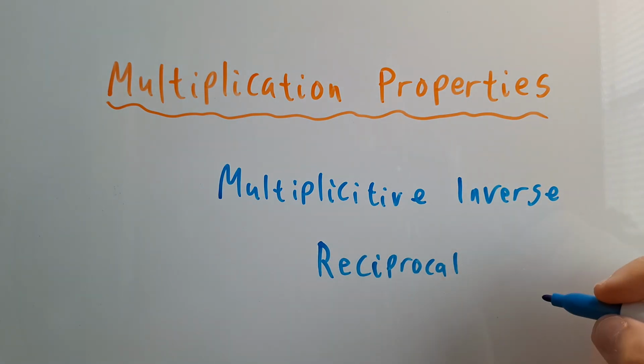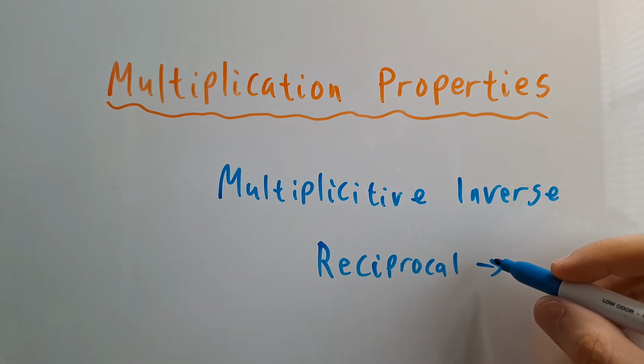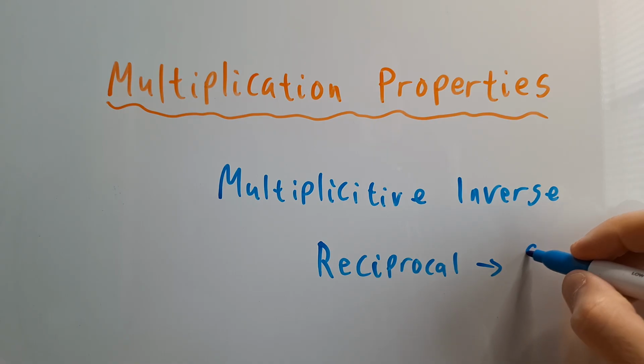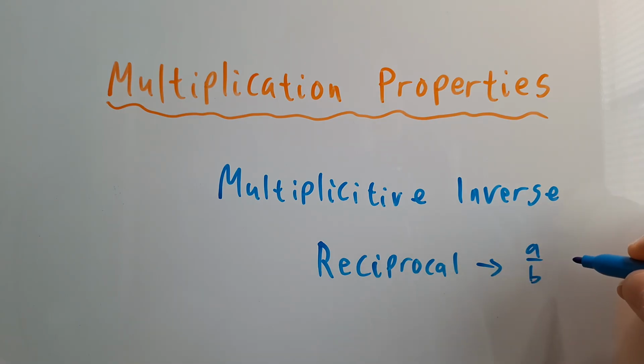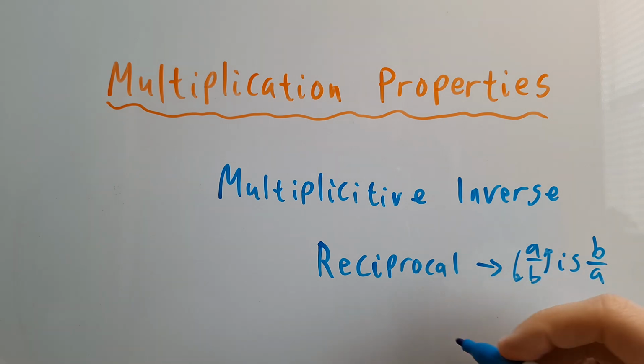Reciprocal. Okay. And that is the following. The reciprocal of a non-zero rational number, which I'll just label as a over b, is b over a. You're simply interchanging the top and the bottom numbers to get its reciprocal.